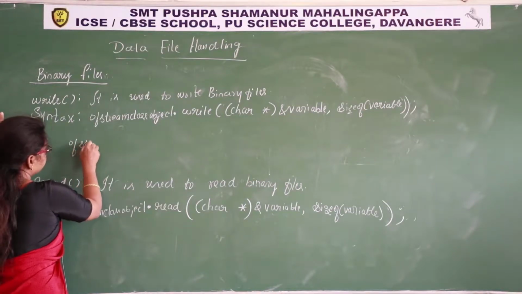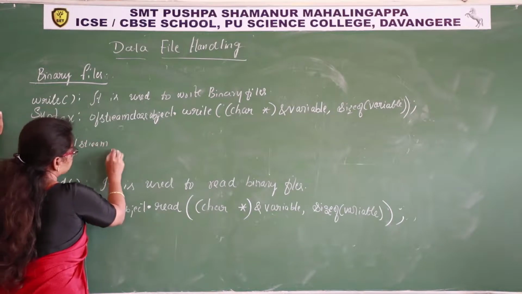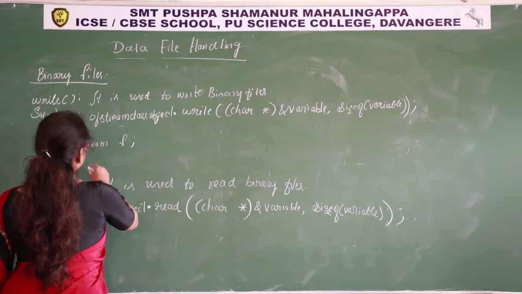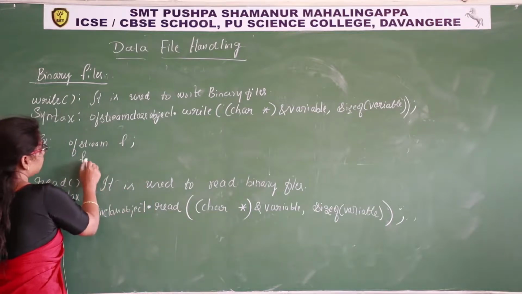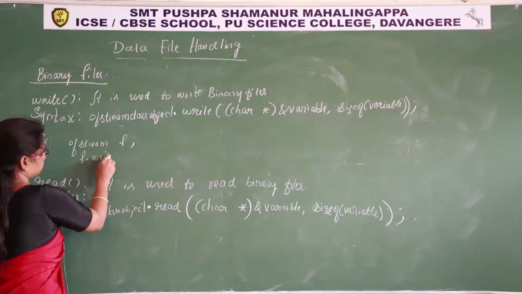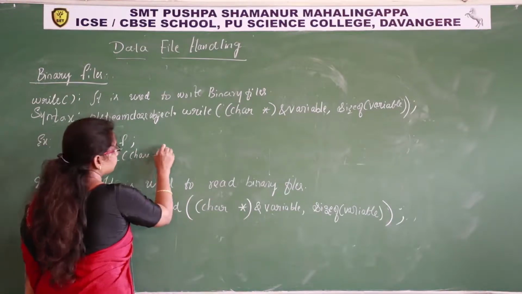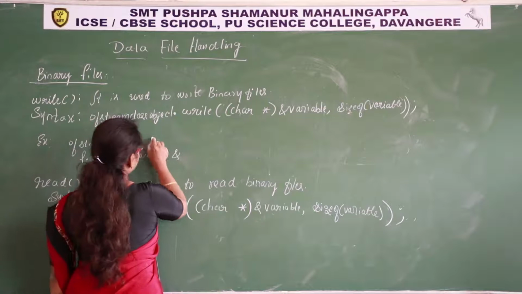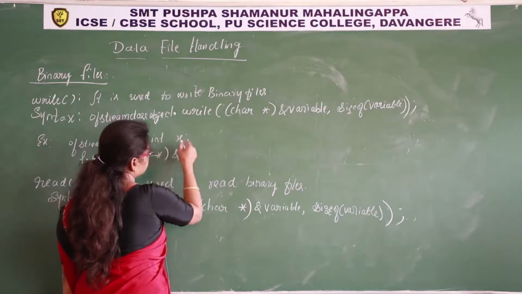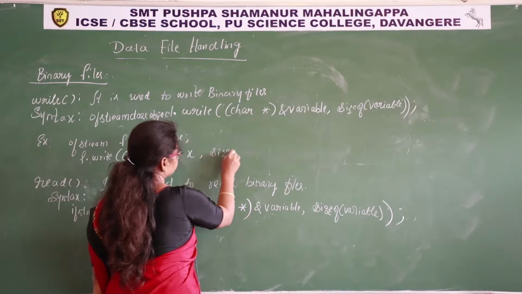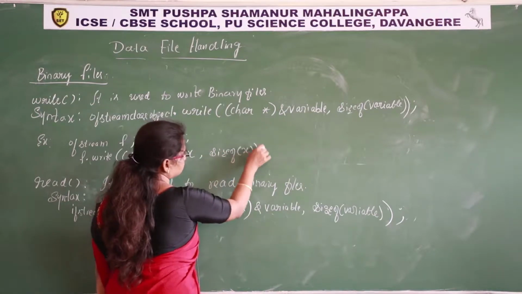ofstream f; f.write(char star ampersand, I'll take an integer variable, int x, comma sizeof x).